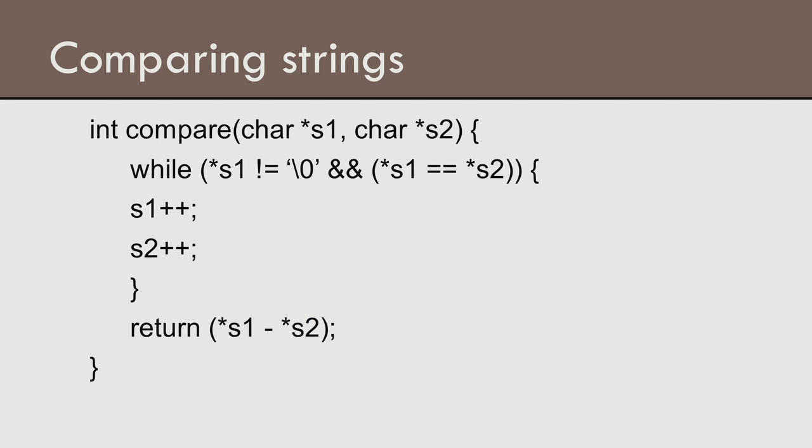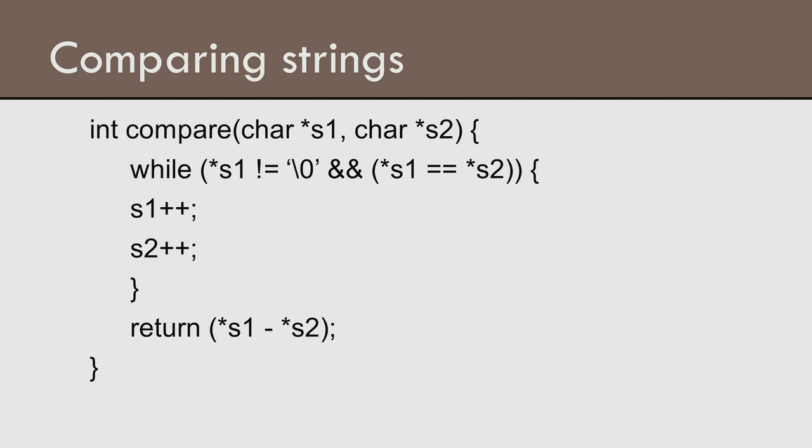Let us now look at this small function which is used to compare two strings. Recall that S1 and S2 are pointers to character arrays, each terminated with a null symbol, so that the contents of both these arrays are considered to be character strings. The output of this function is 0 if the strings S1 and S2 are identical.